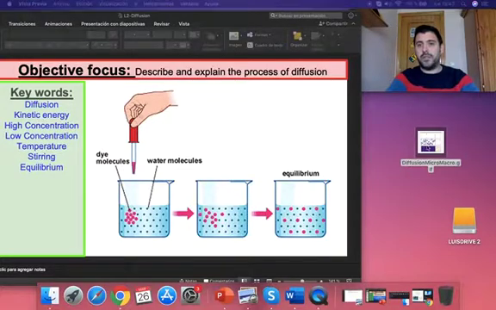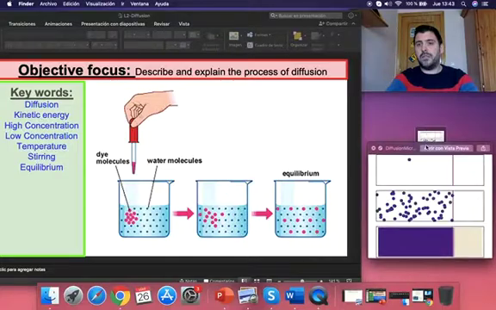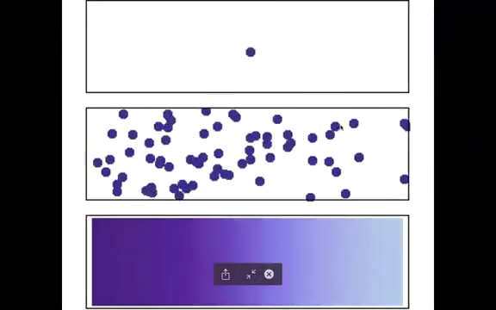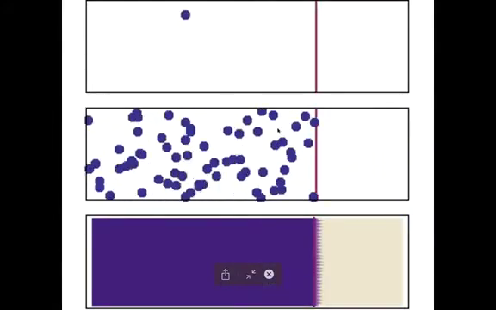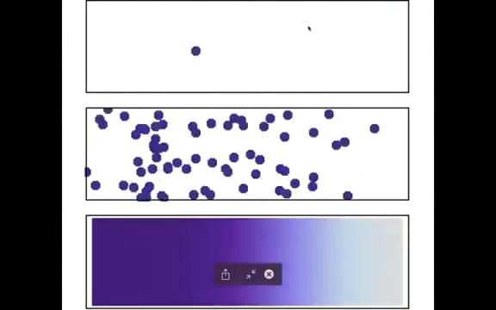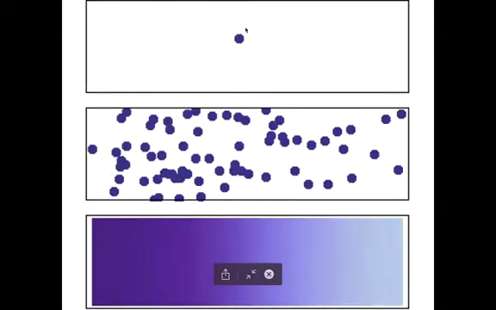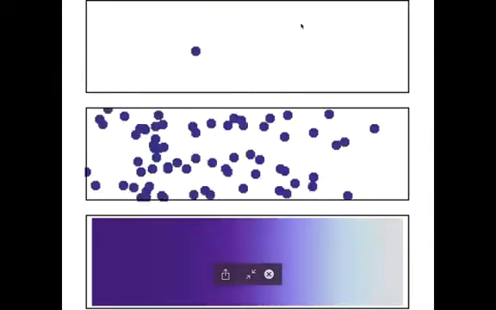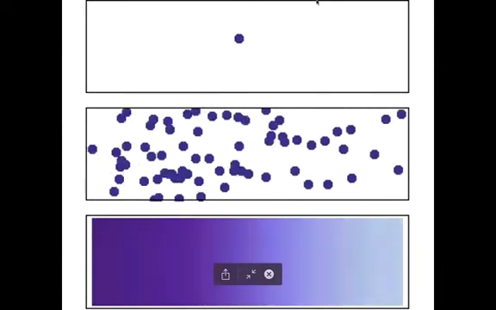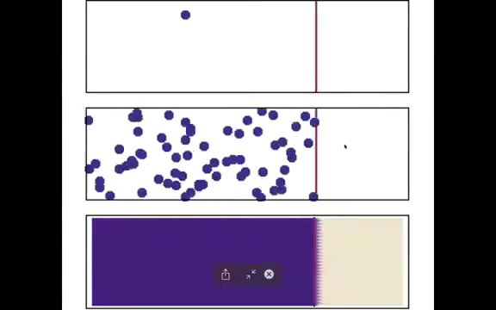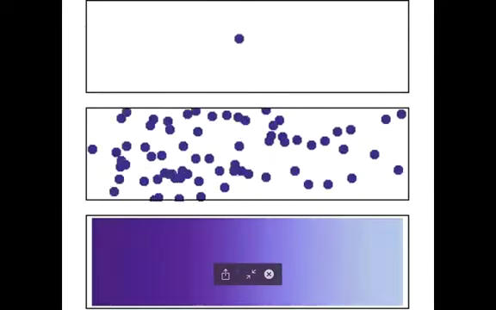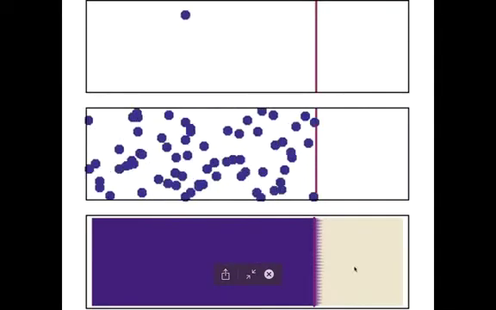Basically, this is showing you what happens when we remove the barrier: we have low concentration on the top, high concentration in the middle. It's like your mom is cooking, and then you open the door and all the food molecules reach your nose, trying to get an equilibrium. Underneath you will see the overall process.